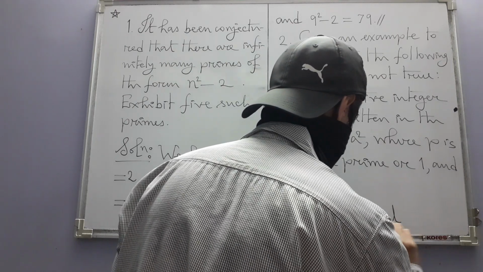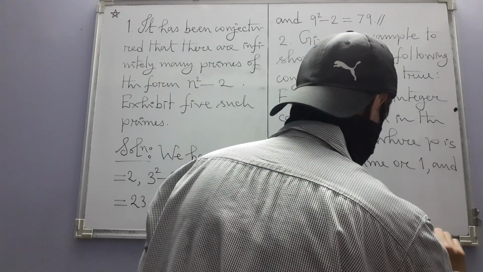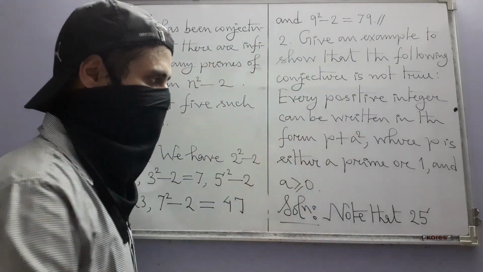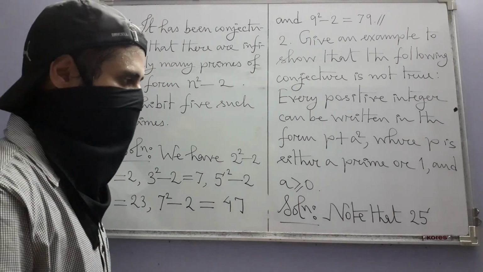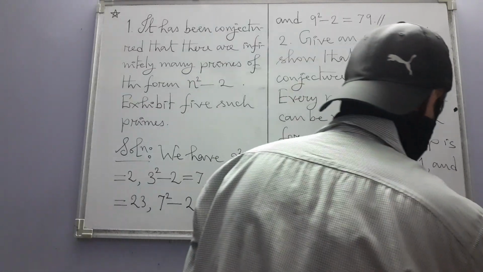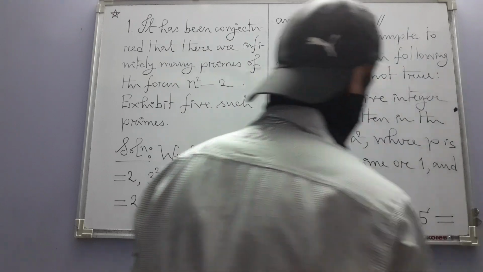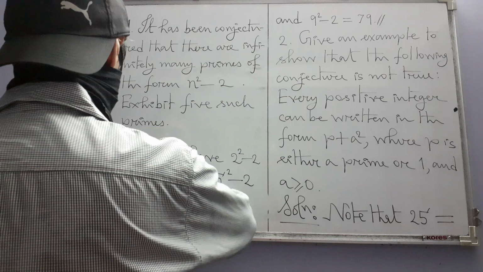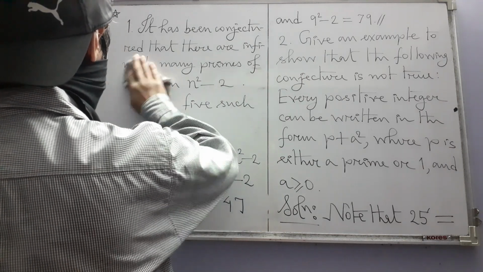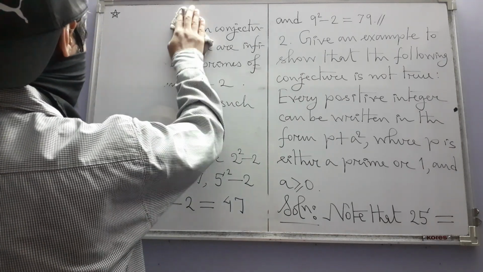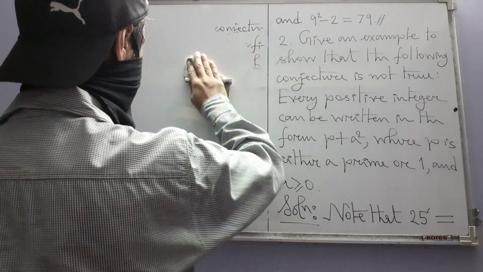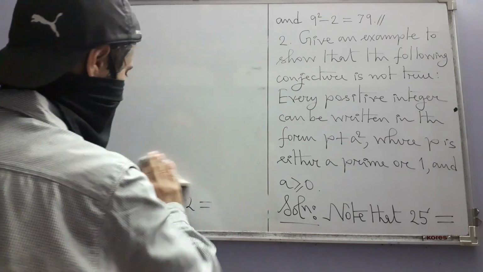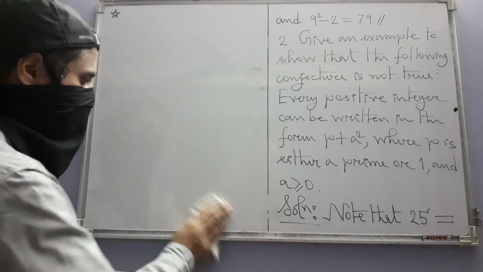Note that 25, okay, so if we try to write 25 in this form, then what do we get? In place of that p, it will either be a prime or 1. So let's see what happens if we take 1.